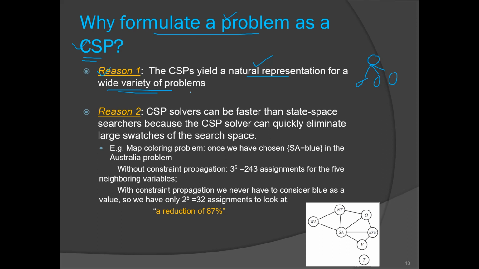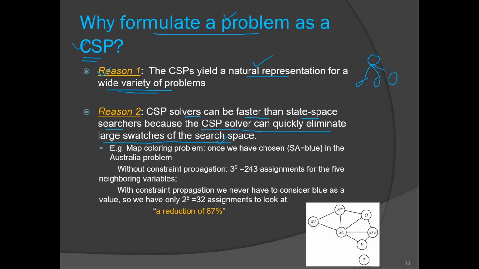So why not take the benefit of such a constraint? Now reason 2 is that CSP solvers can be faster than state space searchers, because a CSP solver can quickly eliminate large swathes of the search space.